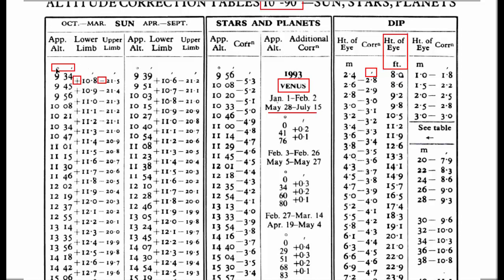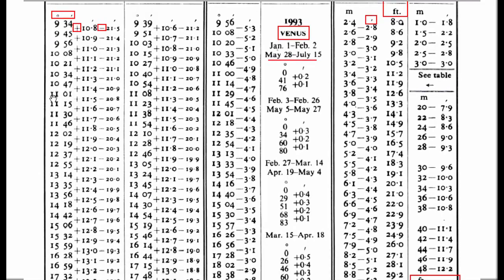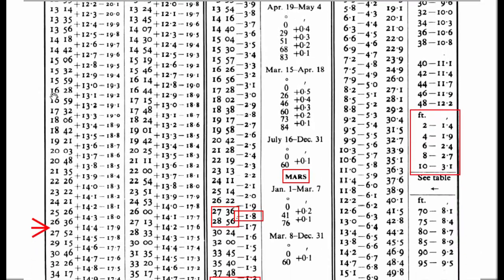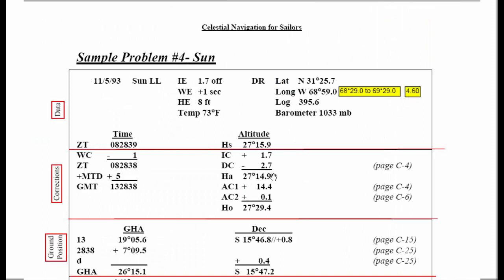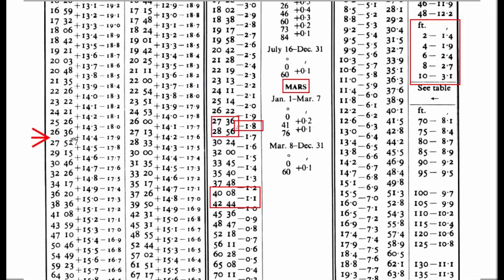We're going to follow down the apparent altitude as we just read in the text, and we see that our HA of 27.14.9 is bracketed by 26.36 and 27.52. So our correction is 14.4 plus, and that plus is a plus, and this minus is a minus. So AC1 is plus 14.4.